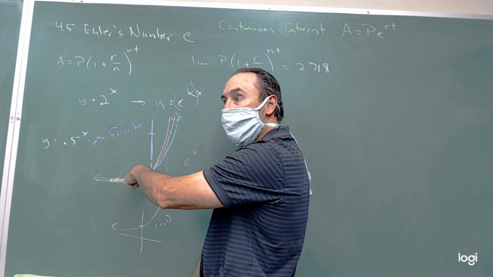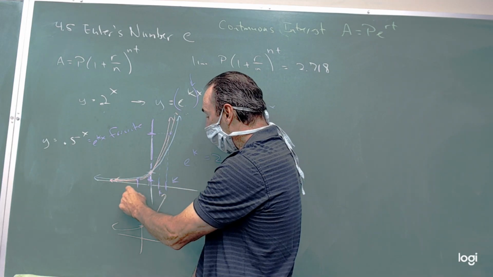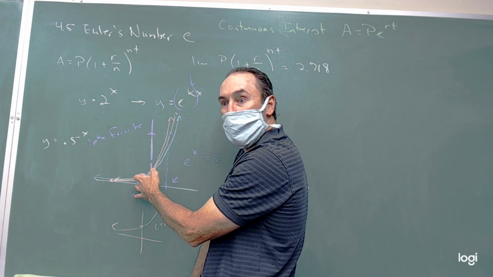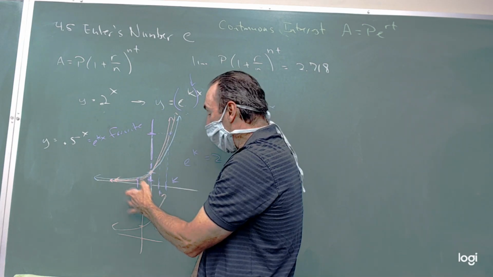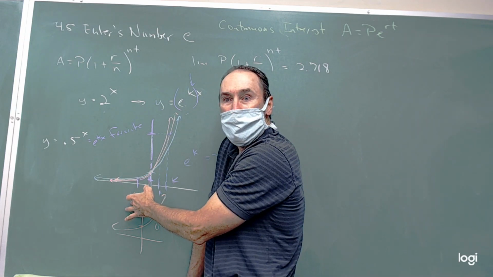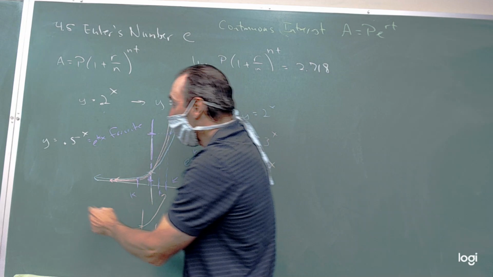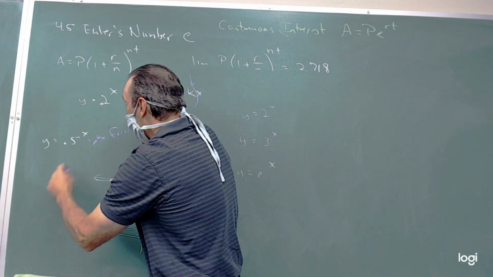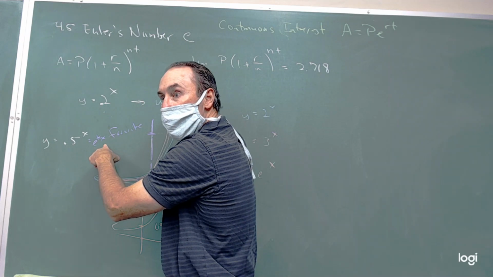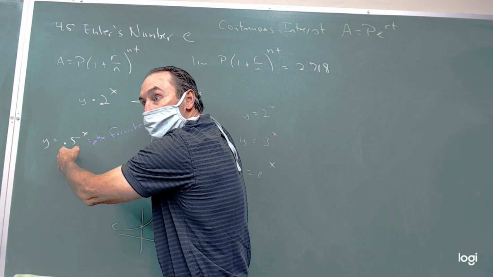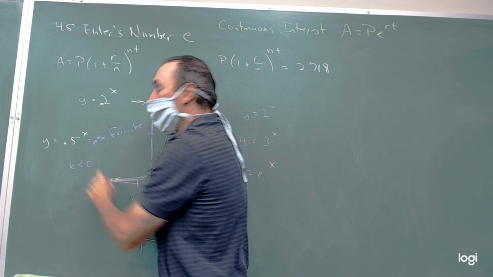There I am on the orange curve. Whatever that value of k is, e to the k is going to equal 0.5. Because we were between 0 and 1, that k is going to be negative. So if our base is between 0 and 1, I can still make it equal to e to the kx, but for this decay curve, with a base between 0 and 1, the k is going to be negative.